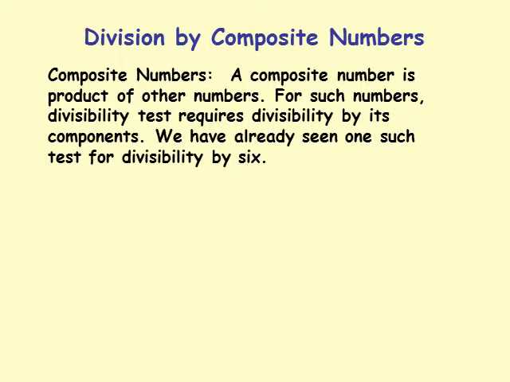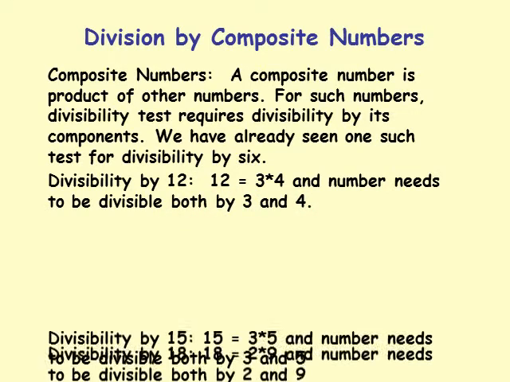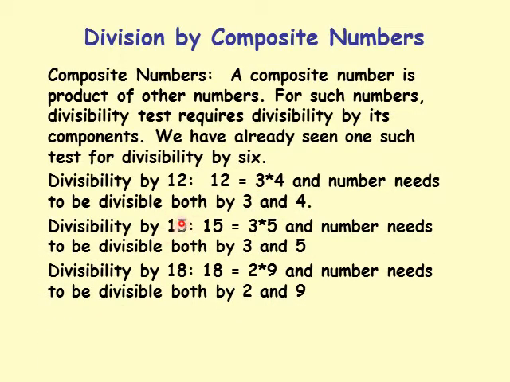Okay, so divisibility by 12. 12 is 3 times 4, and the number needs to be divisible both by 3 and 4. Number 15. 15 is 3 times 5.